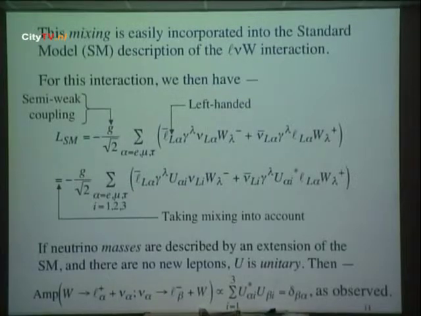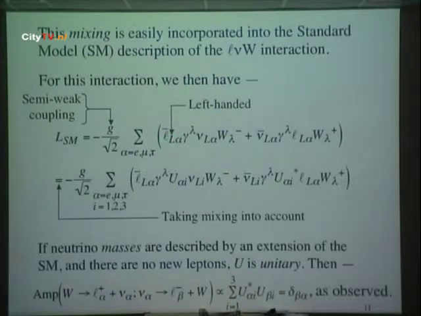Before mixing, what the standard model says is that here is the coupling. It couples the neutrino of flavor alpha only to the charged lepton of the same flavor, corresponding to the experimental fact that I mentioned before, that when a neutrino of flavor alpha interacts, it makes only a charged lepton of flavor alpha. This is the semi-weak coupling constant.